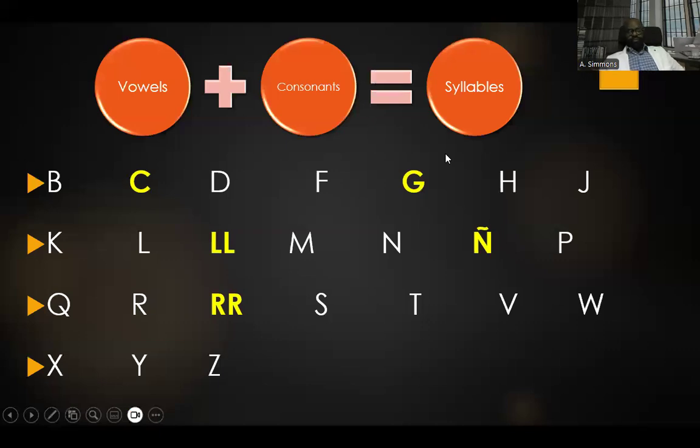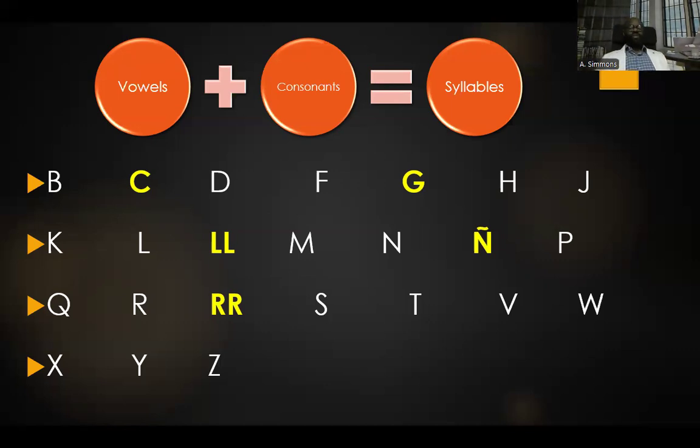So look, as you can see, look at the top. You have the alphabet, and the alphabet consists of what? Vowels and consonants, which equals syllables. Bringing these two together creates syllables, which brings about words.